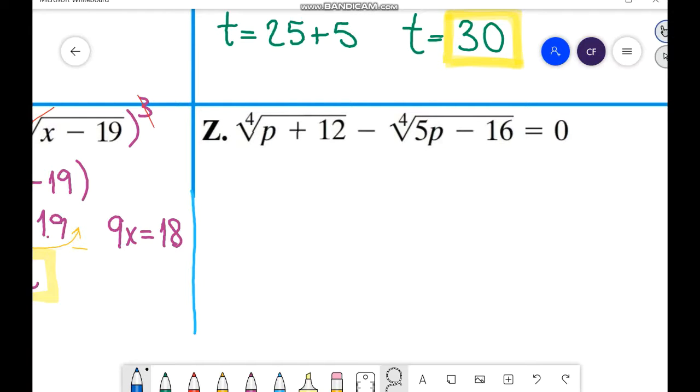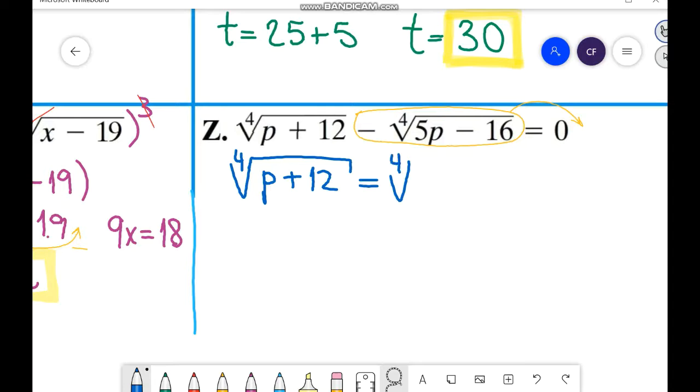Letter Z. Okay. Fourth root, we need to isolate the radical. It is together here, so we move this to the other side to isolate. And then we have the fourth root of p plus 12 equals the fourth root of 5p minus 16.